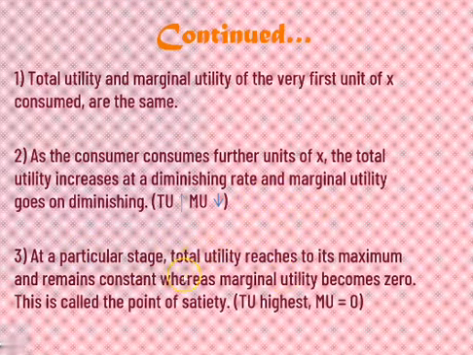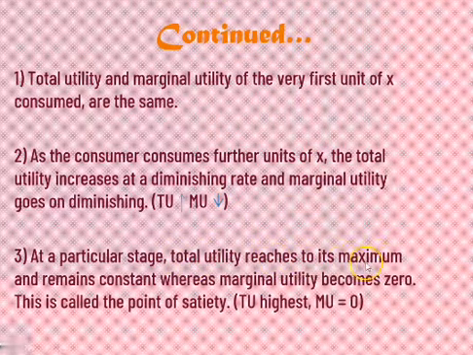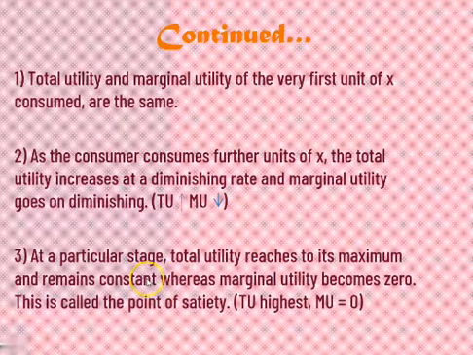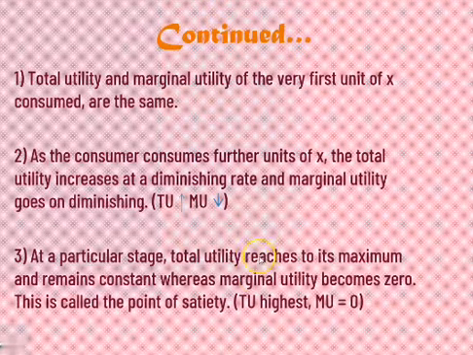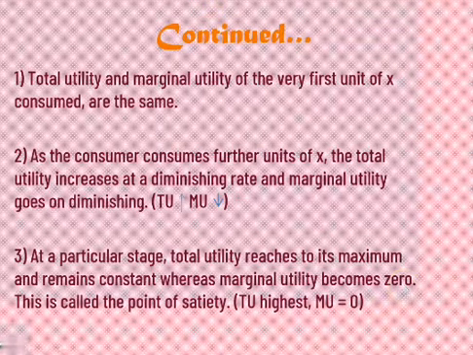Therefore at this position total utility reaches its maximum, the maximum satisfaction that the consumer derives from the particular product, and marginal utility becomes zero. It means the consumer is not getting any satisfaction from the last unit of a commodity, and here MU turns into zero. So this point is called the point of satiety, the maximum satisfaction that the consumer is deriving.